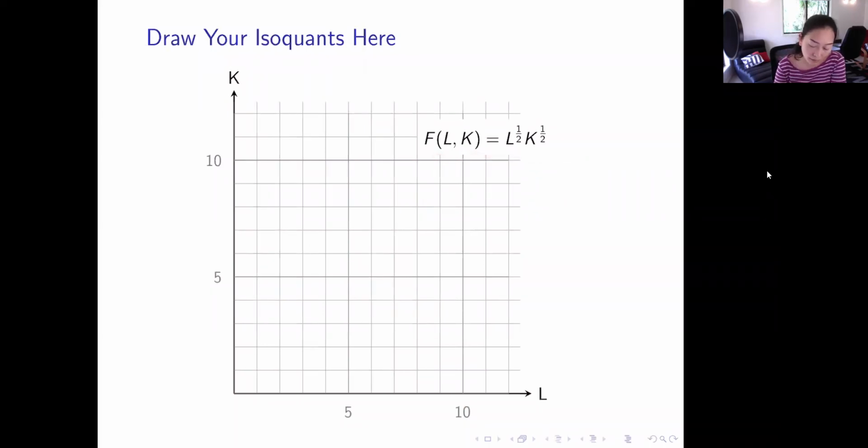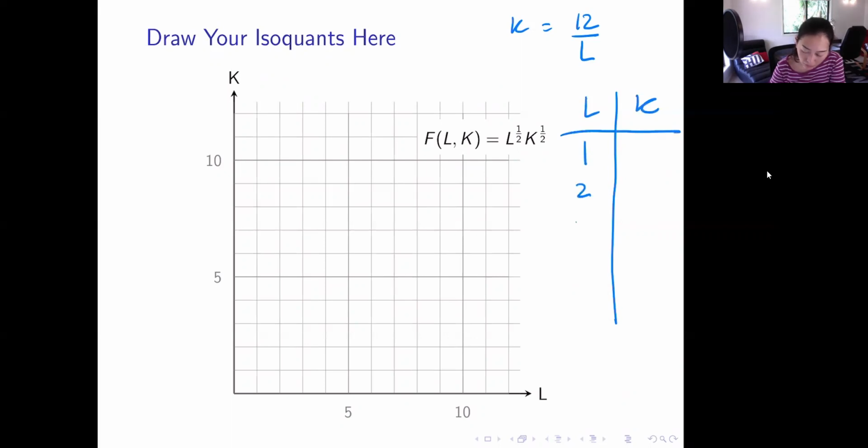So you can plot that. We know that K is equal to 12 over L, right? So we can start with L equal to 1. Maybe it's better to have L first and K. So we can start with L equal to 1, 2, 3, 4, 5, and so on.